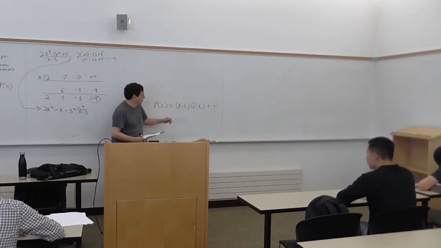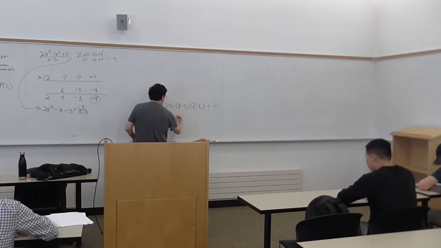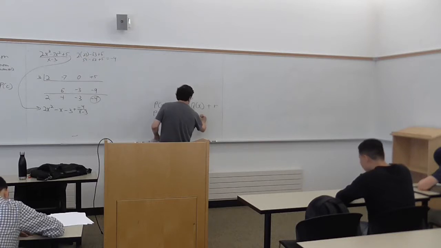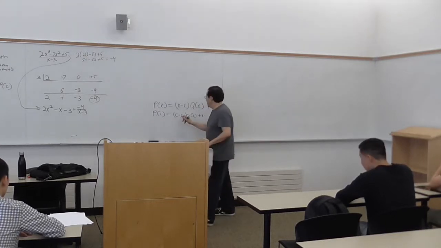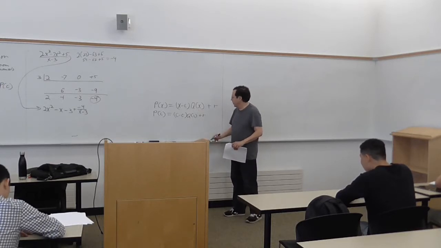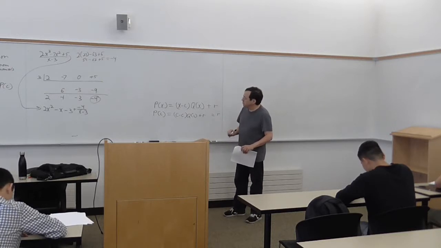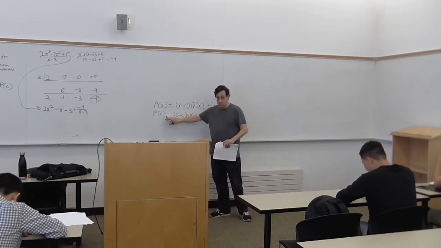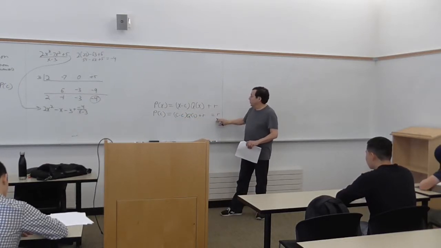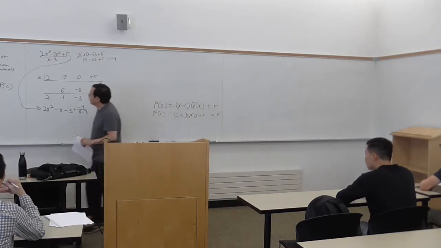Well, this is a restatement of what I just said. If I plug in c here, I get c minus c times q of c plus r. c minus c is 0. q of c doesn't matter because we're multiplying by 0. This is just equal to r. Once again, I plug in c, and I get the remainder when dividing by x minus c. That's the remainder theorem.